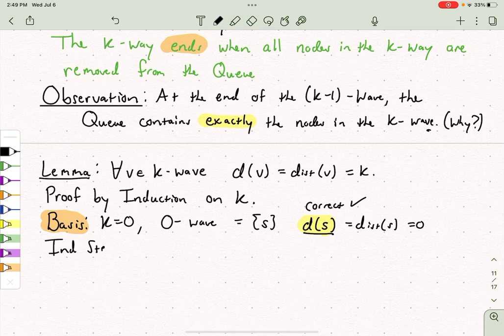Now for the inductive step, we're starting at an arbitrary k wave, and we want to prove that these distances are correct.